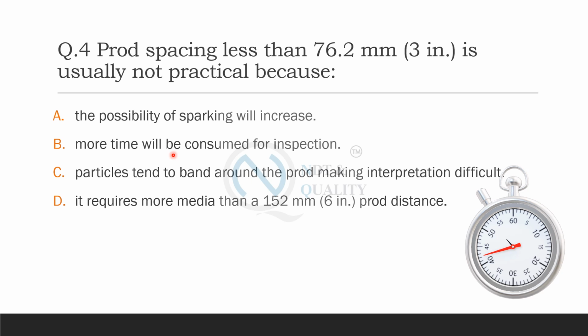No, it is irrelevant. C, particles tend to bend around the prod, making interpretation difficult. Yes, this is the correct answer, because when we have less prod spacing, the iron powder we sprinkle around the object tries to bend around the prods. So our answer will be C.